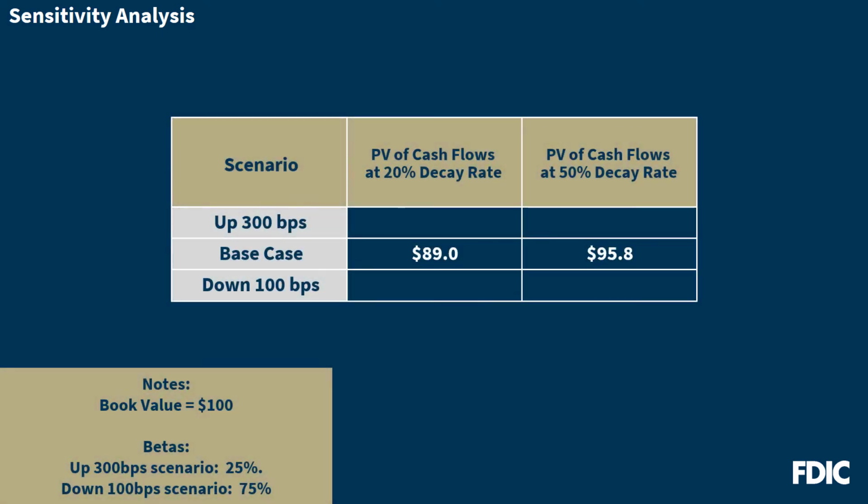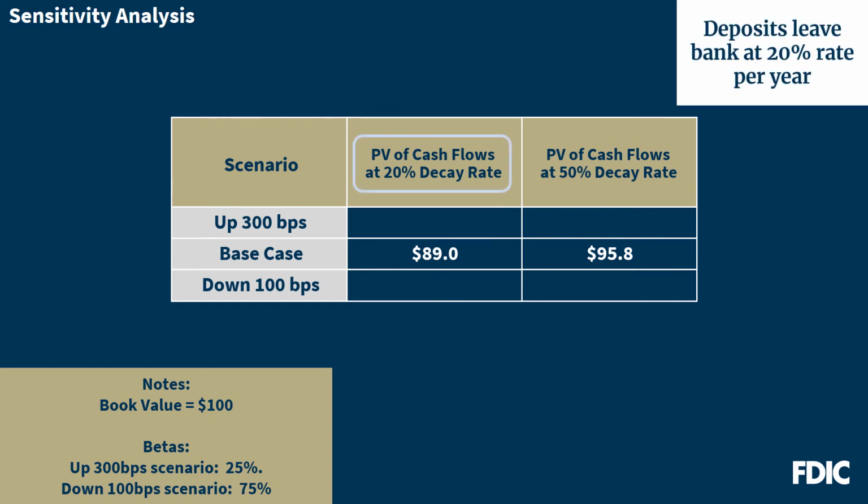Let's look at another sensitivity test, this one for decay rates. The chart depicts the differences in the present value of cash flows from deposits given different decay rates. A decay rate of 20% indicates that 20% of deposits will run off annually, while a decay rate of 50% reflects that 50% of the deposits will leave each year.